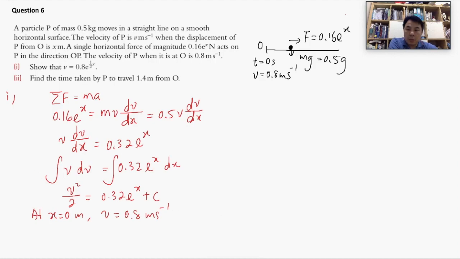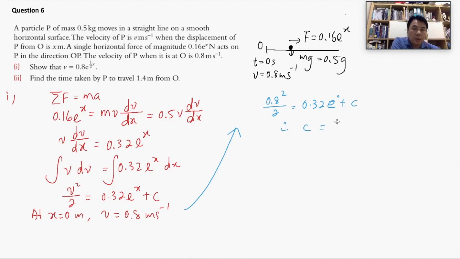Therefore, we're going to make use of this information to obtain the full equation for velocity. v squared is 0.8 squared divided by 2, 0.32 e to the power 0 plus c.